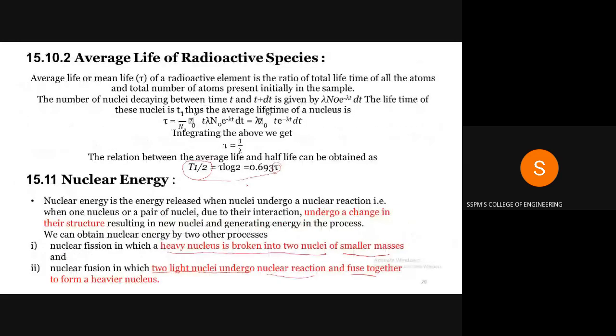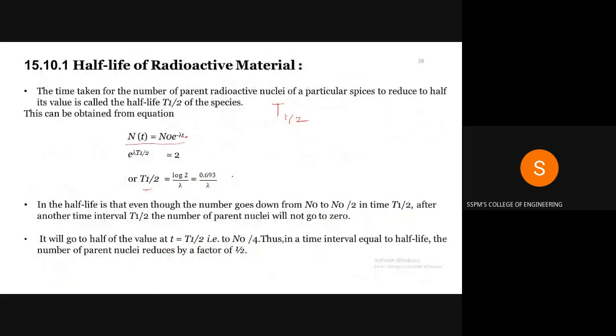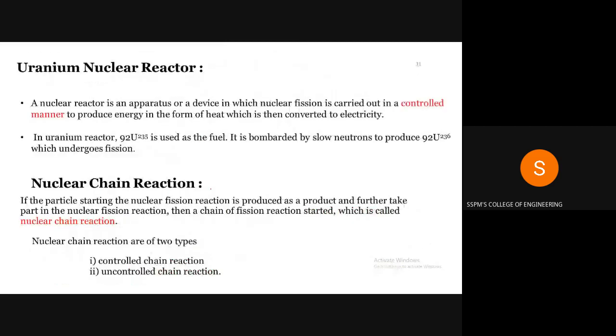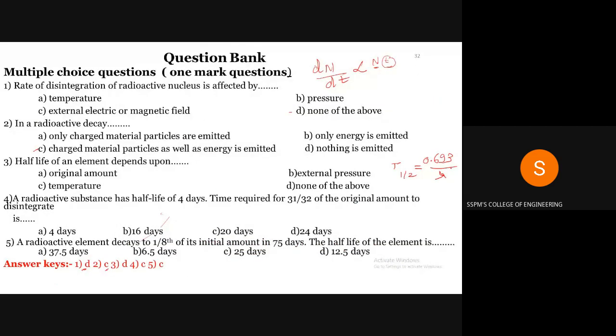Look here, T half is given by this relation: T half equals 0.693 upon lambda.